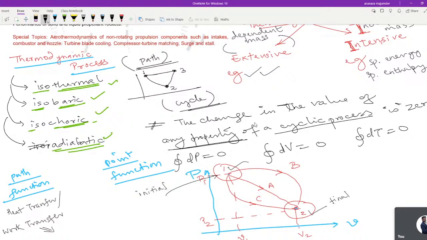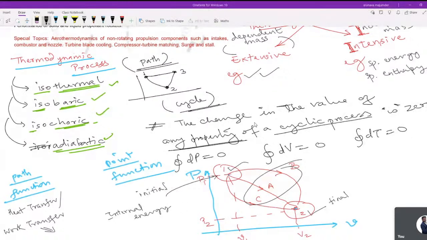So it is not depending on the path being followed. That is known as a point function, for example internal energy, right? Okay, moving further.